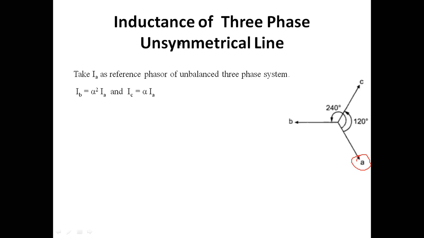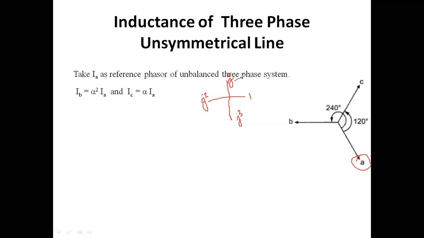Now in complex numbers, you are familiar with the j term. Here we consider the real axis. At 90 degrees, we have j. At 180 degrees, we have j square. And at 270 degrees, we have j cube.